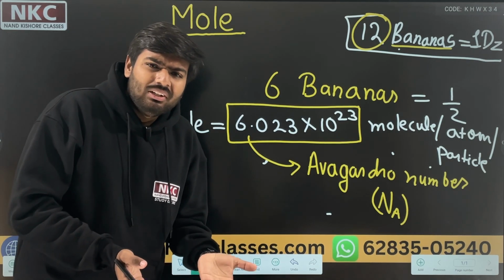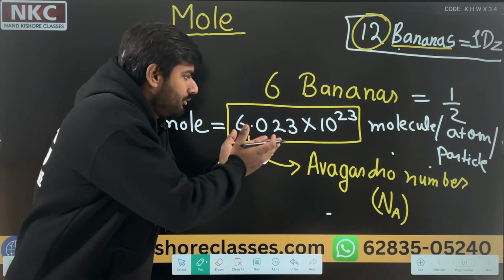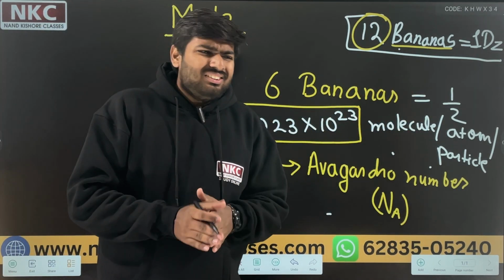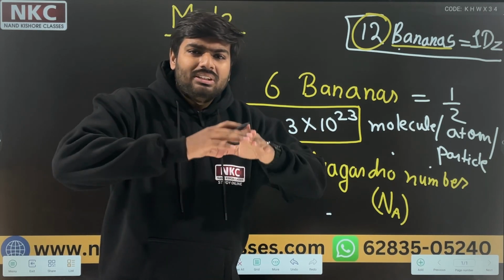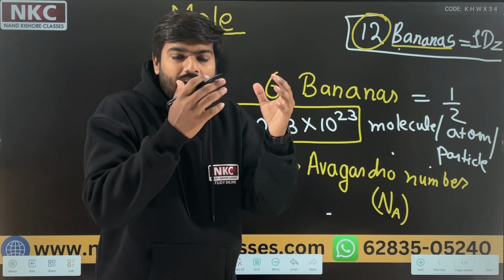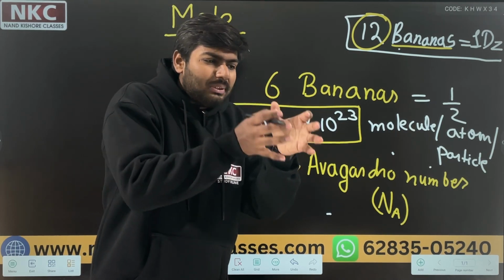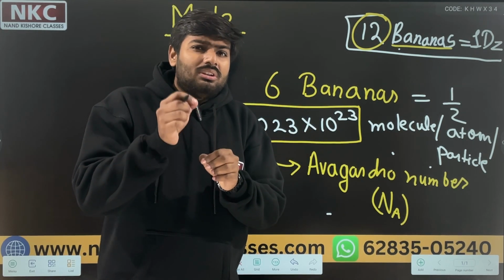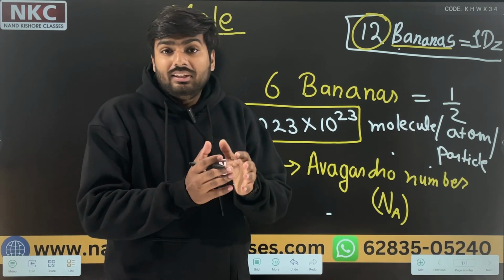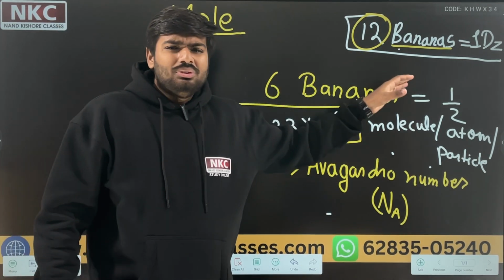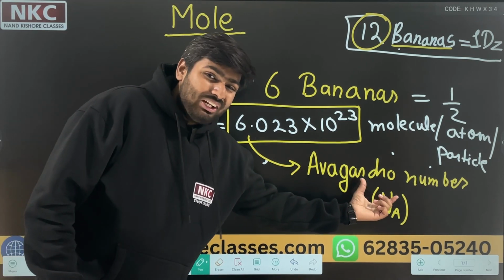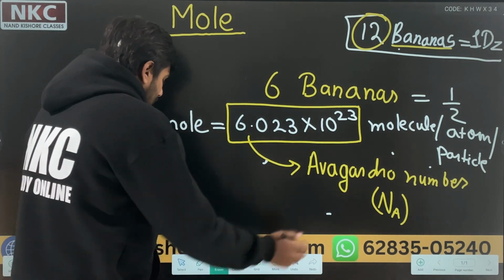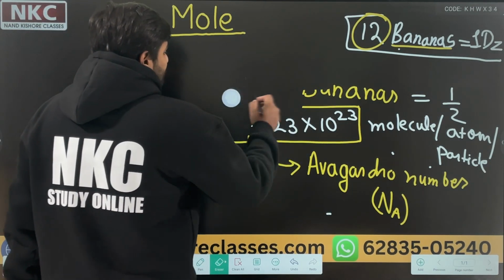So simply Avogadro number is a collective representation of this much amount. 1 dozen means a collective number, a magnitude of 12, or the number of things present in 1 dozen is 12. Not amount, you should say number of, because amount is something like mass. So in Avogadro number, how many things are you having? This much. Okay, clear?